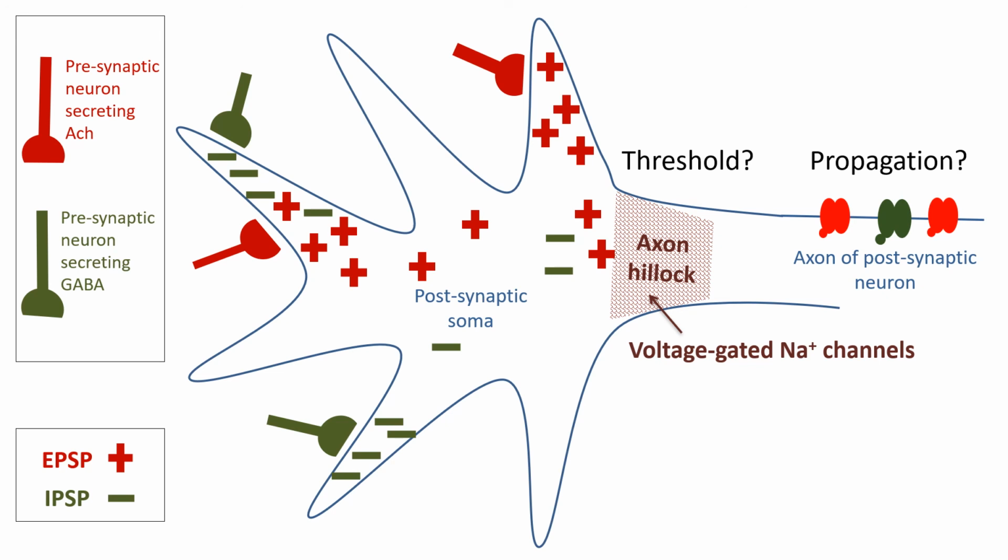It's nearly as close, and it's counteracted. We've now got two EPSPs, two IPSPs, and they're all counteracting each other. At the moment, it looks unlikely that we are going to reach threshold at the axon hillock, and those voltage-gated sodium channels are going to open and flood sodium into the axon.